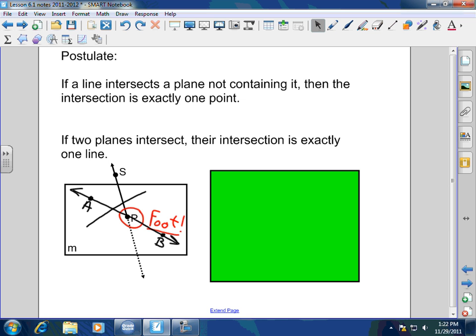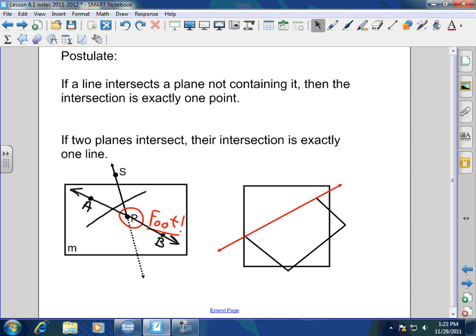Look up to the ceiling, please. Where do the wall and the ceiling connect, guys? At that corner, at that metal rail, correct? Well, if two planes intersect, their intersection is exactly one line.